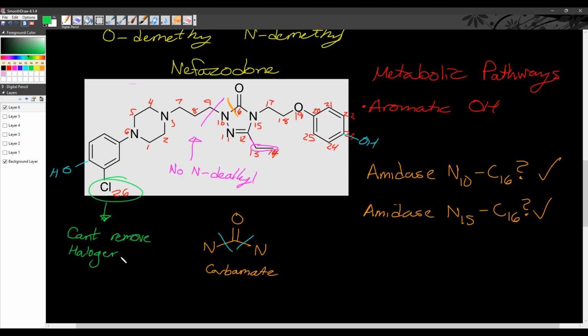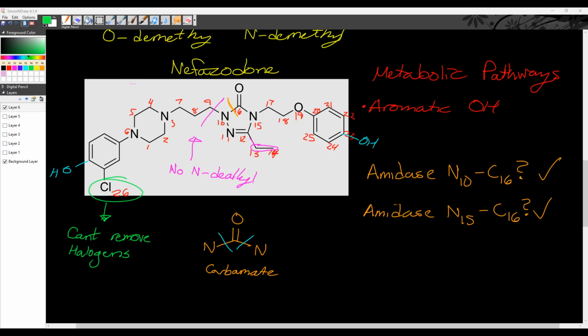I think it's one thing that students get nervous on the MedChem exams. One of the fake pathways that they will list is getting rid of the chlorine. We can't get rid of chlorines or fluorines or iodines. We don't know how to do that in terms of this exam. So it is not a valid pathway. If you see something trying to remove a halogen, that's wrong.